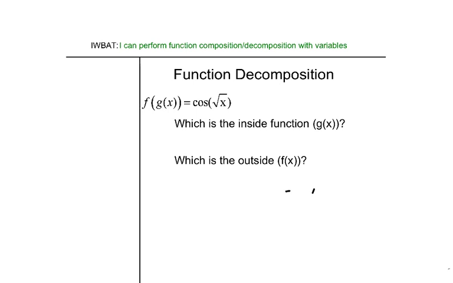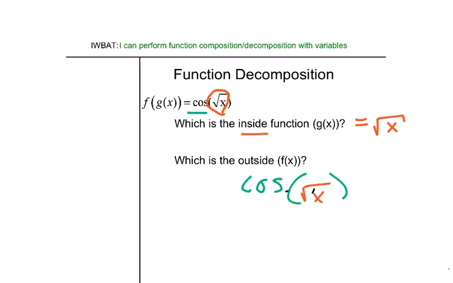But of course we are trying to actually find two more complex functions. Taking a look at what's inside and outside, I definitely see that inside these parentheses is the square root of x, and so when I think of inside, I'm going to say that g of x is the square root of x. The outside then is going to be this cosine, but instead of saying cosine of the square root of x, or even cosine of g of x, I'm going to replace the piece that I already used up above in my equation with just an x.